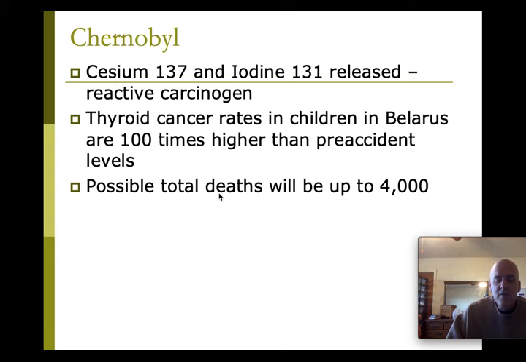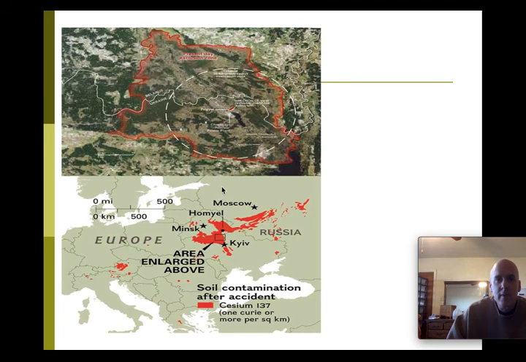Radioactive particles were dumped hundreds and hundreds of miles away. So here's where the soil was contaminated after the incident. Some of the dust went long distances, and they were actually throwing milk away in places hundreds of miles away because they were afraid the cows were grazing on grass that would have had fallout on it.